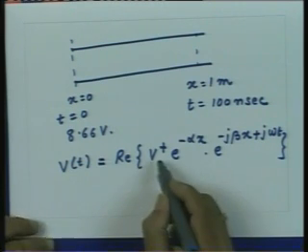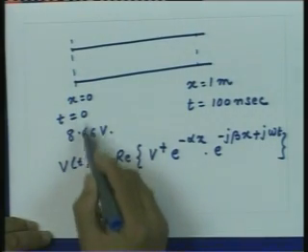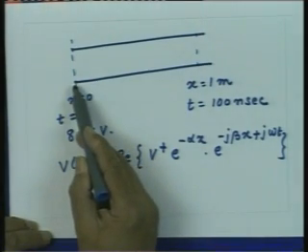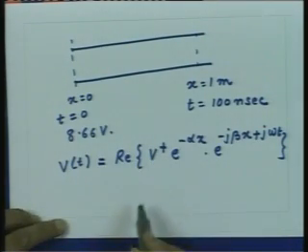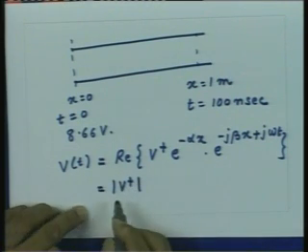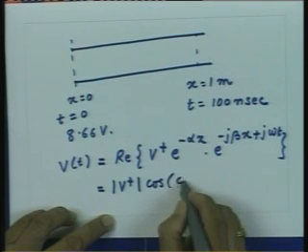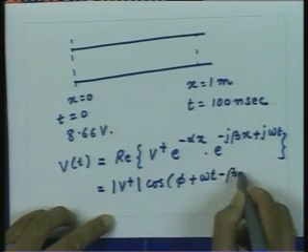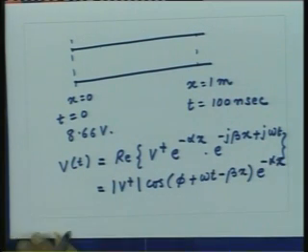V plus in general is a complex quantity, because the voltage given here, 8.66, may not be the maximum value at this location. So, in general this quantity can have a phase and amplitude. I can write this as mod of V plus times cosine of phi plus omega t minus beta x, times e to the power minus alpha x.